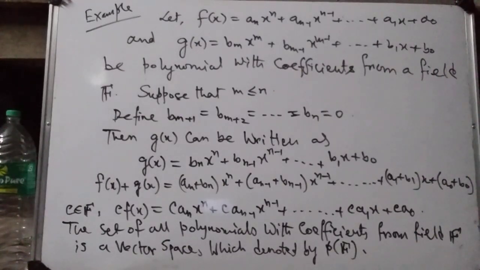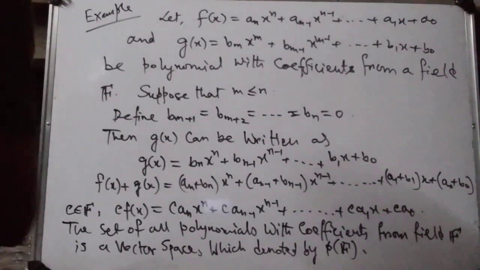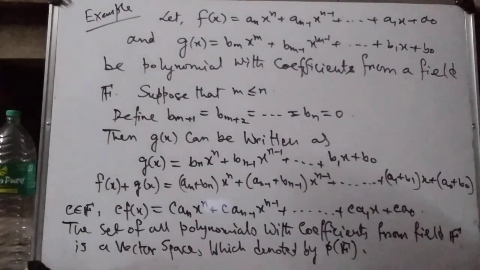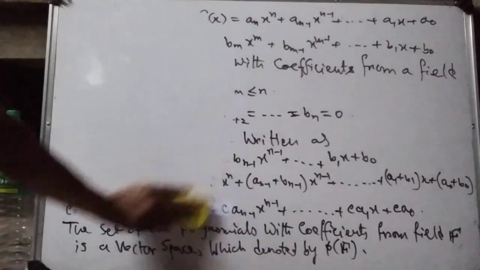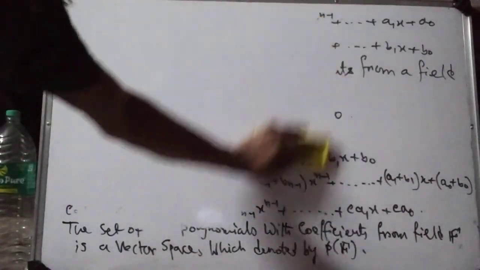Then we also discuss an important example of a vector space, that is, the set of all polynomials forms a vector space with respect to addition and scalar multiplication. Now we're going to discuss another example. We'll erase that portion.